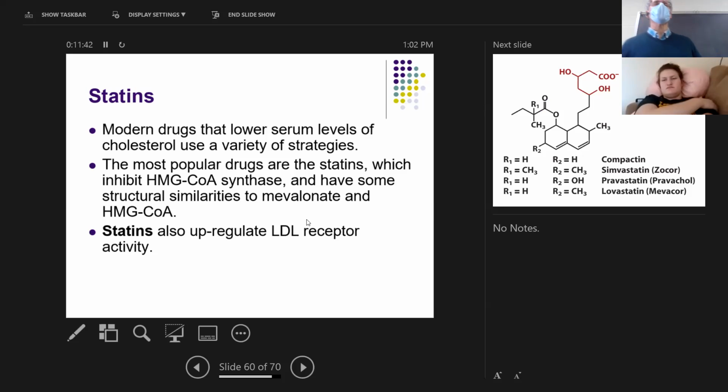Compactin never made it to market because in animal studies it caused lymphoma in dogs. No other statin does that, but Compactin did. It was just a freak finding, but it was confirmed by other observations.